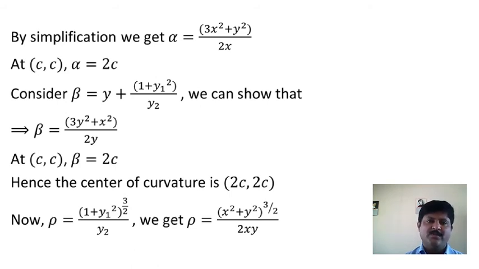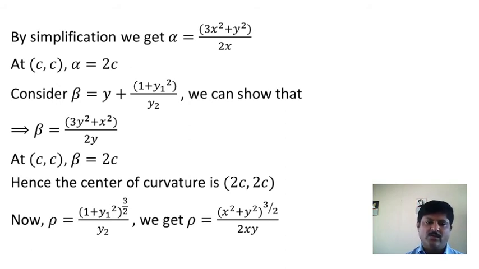Consider beta = y + (1 + y1^2)/y2. Therefore, substituting for y1 and y2, we get beta = (3y^2 + x^2)/(2y). At (c, c), substitute x = c and y = c and simplify, we get beta = 2c. Hence, the center of curvature is (2c, 2c).